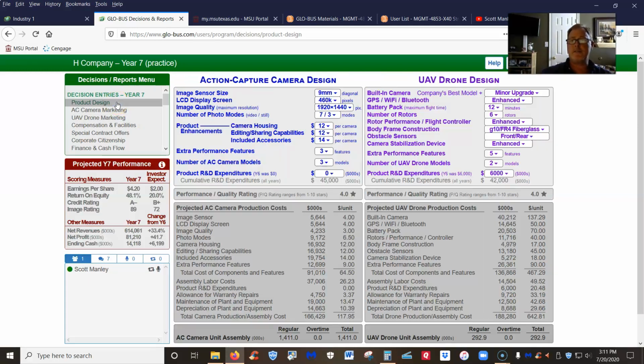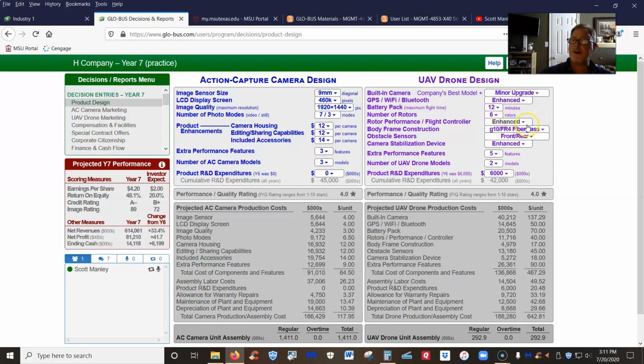Looking at the way I designed the product, these things here are more expensive than these things here, okay? So what did I do? I put less of these and more of these into my camera. I kept the 4.0 PQ rating to prove a point. You don't have to decrease your PQ rating if you're running cost leadership.